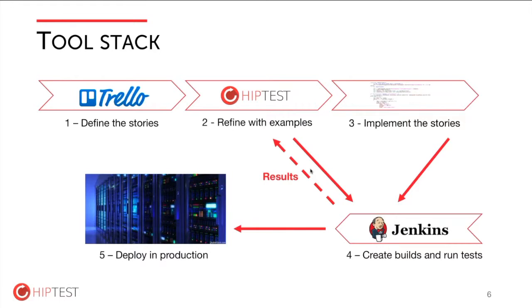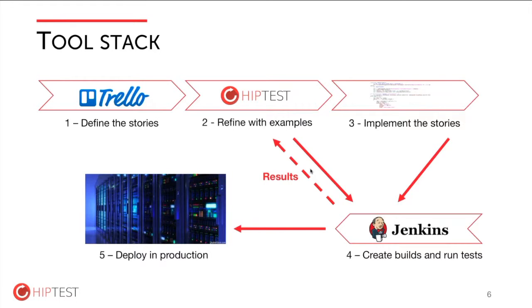Then just before starting the implementation of the feature, as strong believers in behavior-driven development, we don't start with the code. We start with some scenarios that will describe the expected behavior. So we use Hiptest to refine the feature, the story we want to develop, into one or multiple examples.